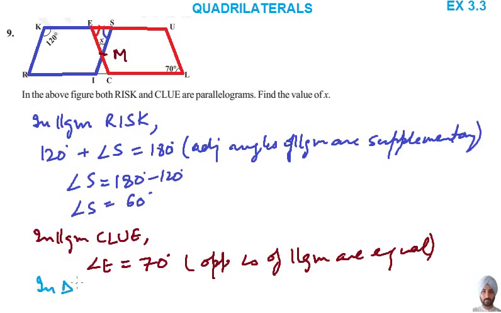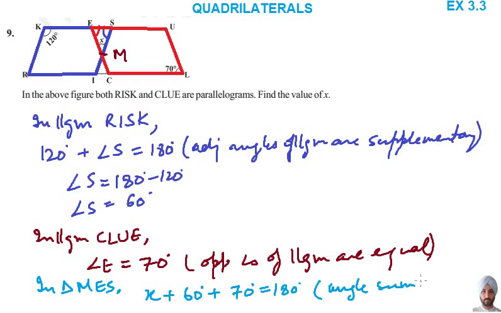in triangle MES, angle M, that is x, plus S is 60 degrees, plus E is 70 degrees, is equal to 180 degrees, and this is because of the angle sum property of a triangle.